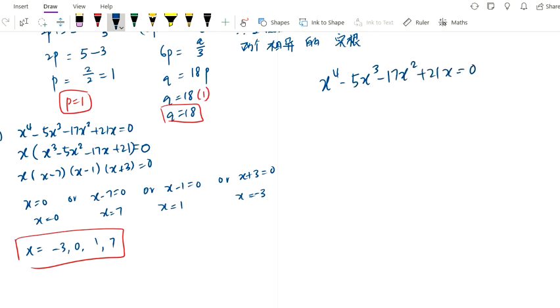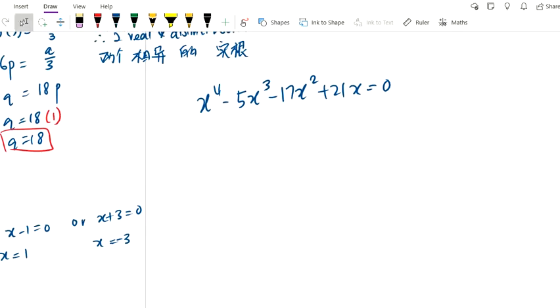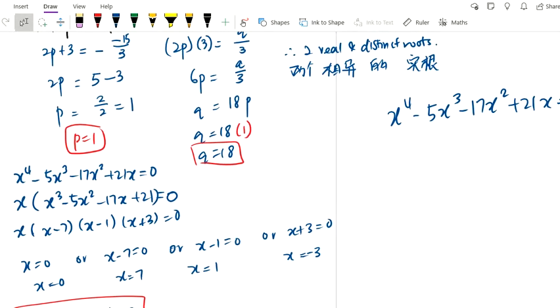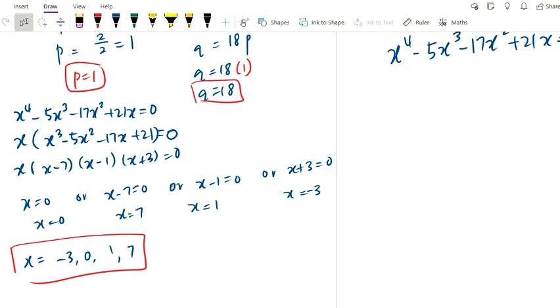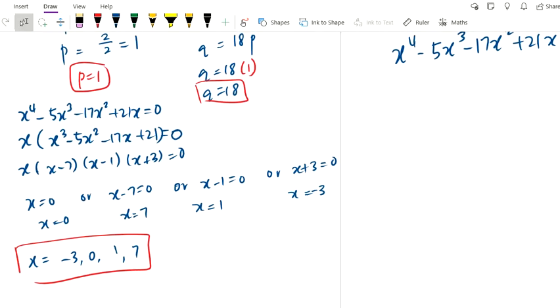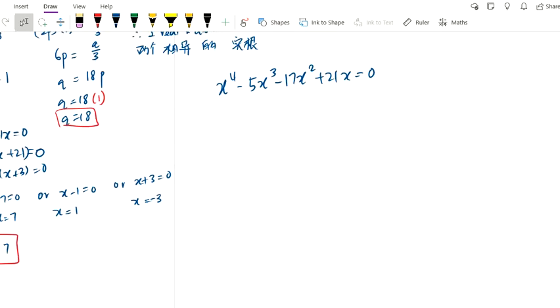Because this is actually a polynomial of degree 4, if we use the calculator, we already cheat. We know that we can factor it into 4 factors with no remainder. What is the meaning of factor and remainder? It's related to your factor theorem and remainder theorem.